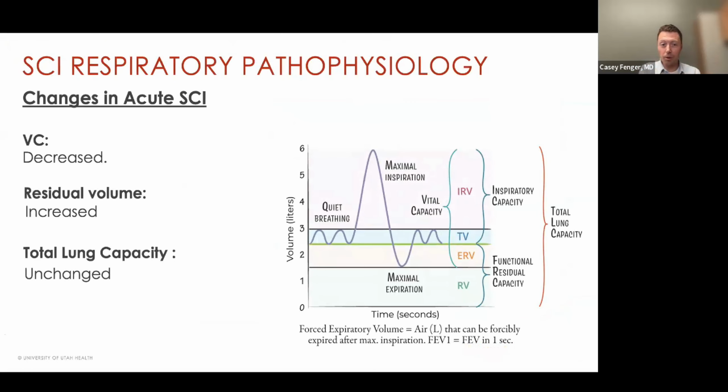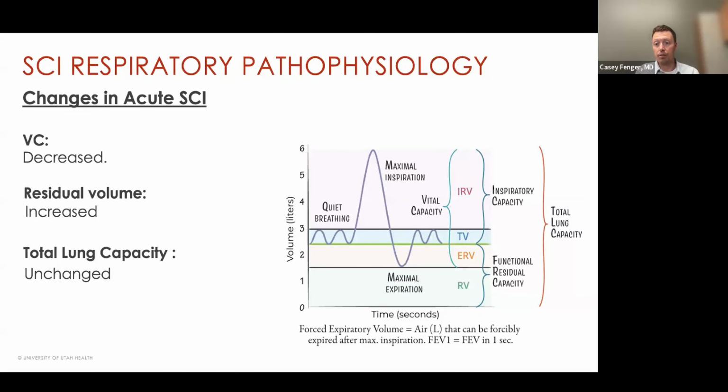So I know you all have probably seen this chart or this graph at some point in your training or education talking about the respiratory cycle. We have our tidal volume illustrated, TV, which is just the volume of our normal breathing that we're all doing right now. Our inspiratory reserve volume is when we take a deep breath as deep as we can.